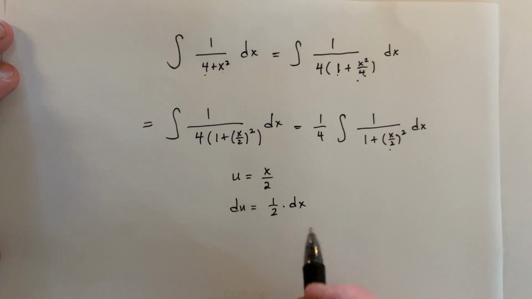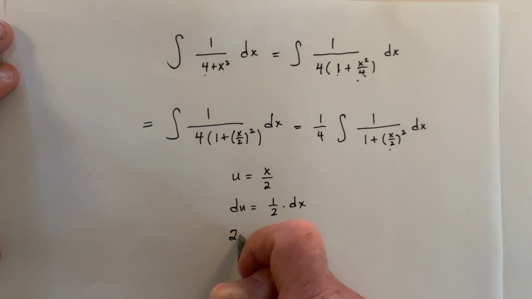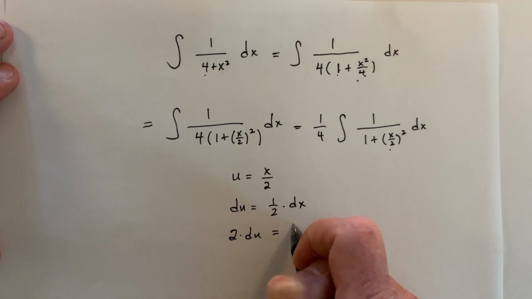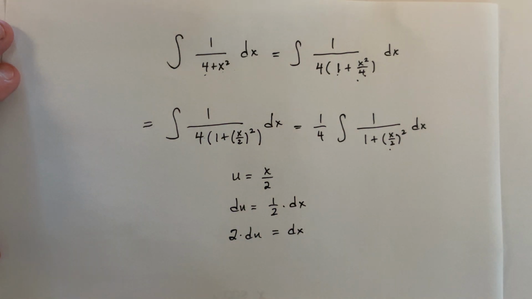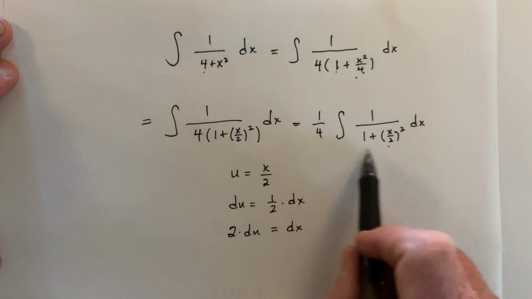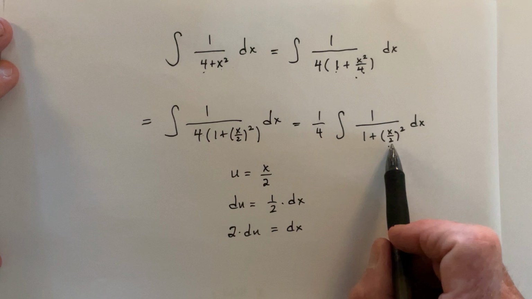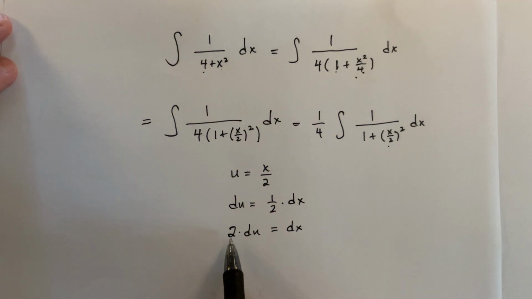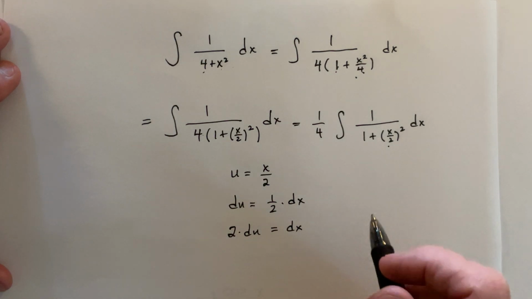So I need to eliminate this, multiply both sides by 2, and then that is what the dx equals. So basically it's saying that yes, this is going to be tangent inverse of x over 2, but you do have an extra 2 that you need to consider. So there would be 2 times du.